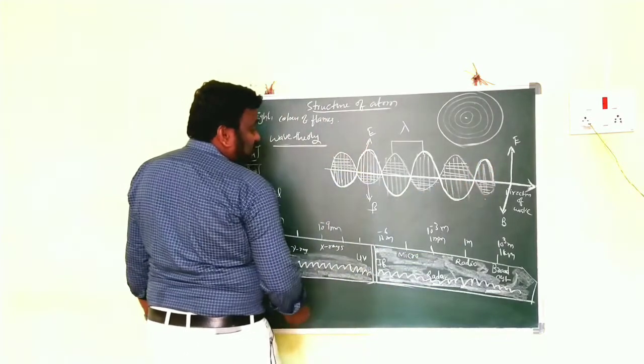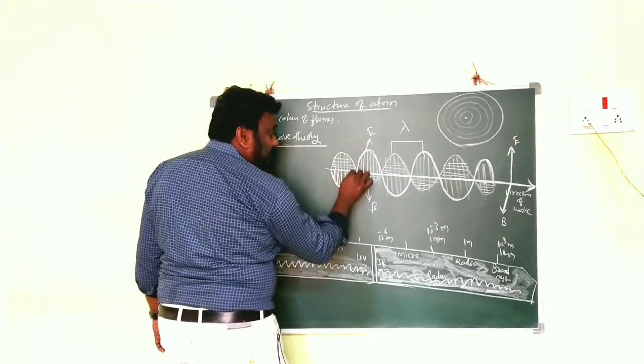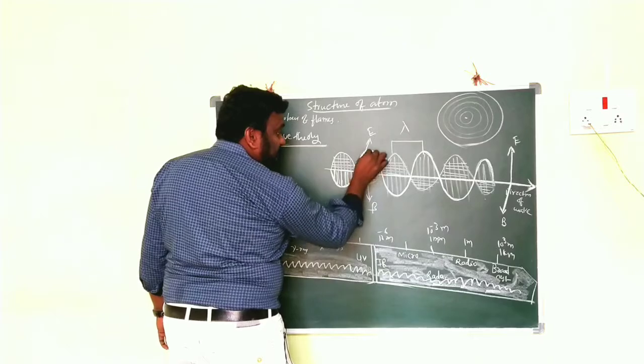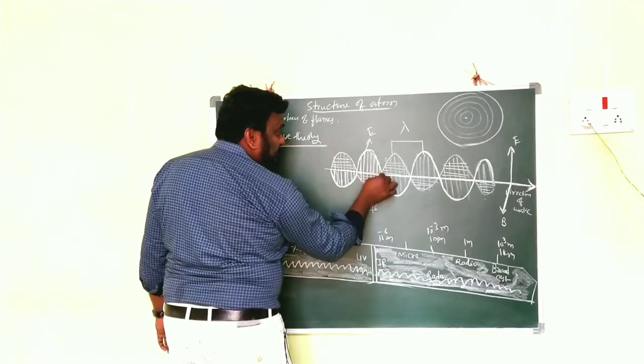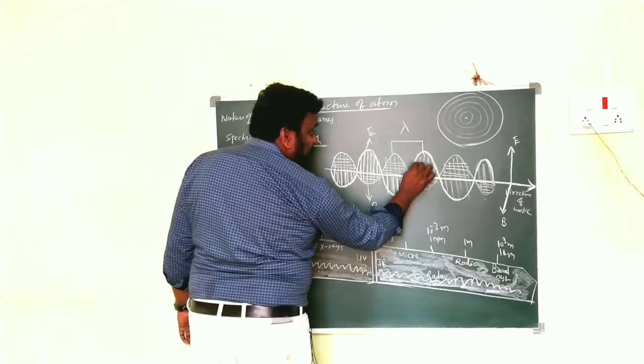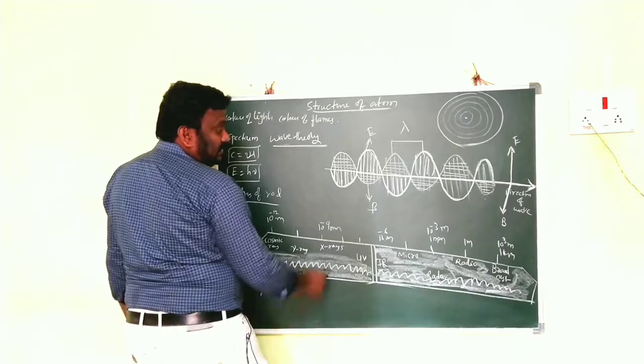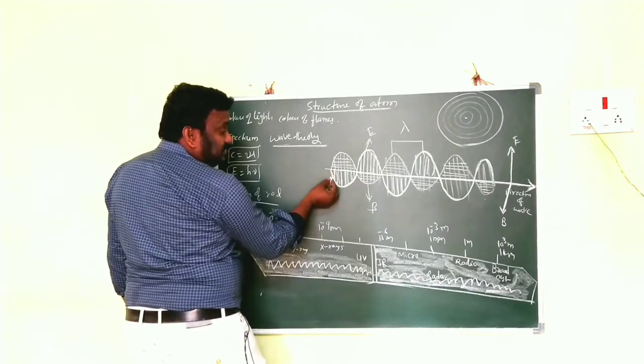It should be shown like vertical lines like this. This is the vertical line, and this is nothing but the displacement, in upward and downward directions. So this is the electromagnetic wave, children. Clear? So watch it again, children.